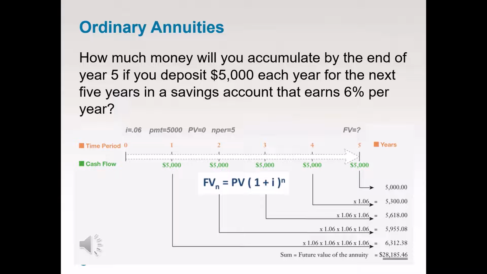When we take year 1's annuity of $5,000, it will compound for 4 years. Therefore, we take that number and we multiply it times 1.06 4 times to get our amount in year 5 of $6,312.